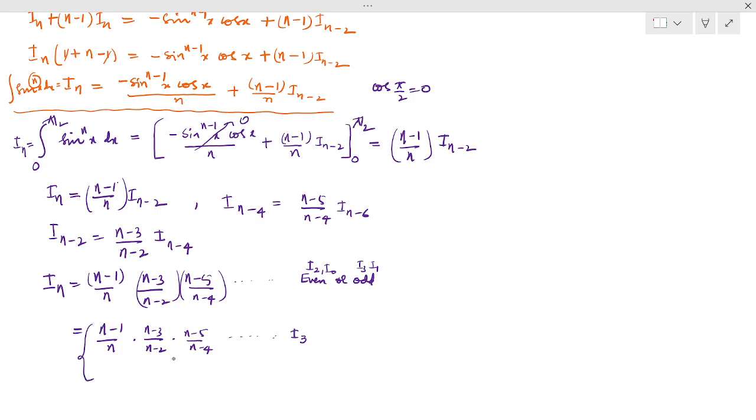Similarly, if n is odd, (n minus 1)/n times (n minus 3)/(n minus 2), (n minus 5)/(n minus 4), and so on, it ends with even if n is even.